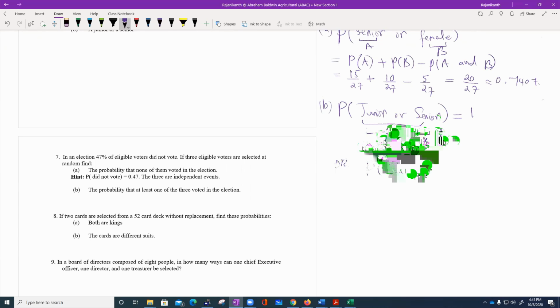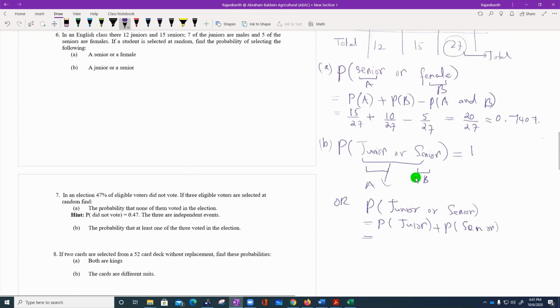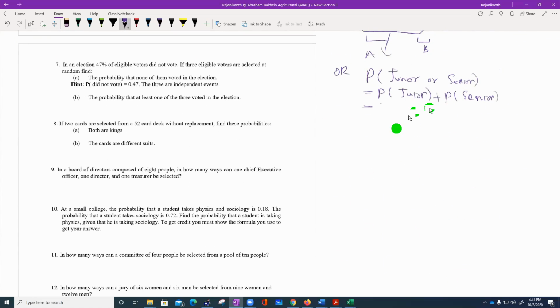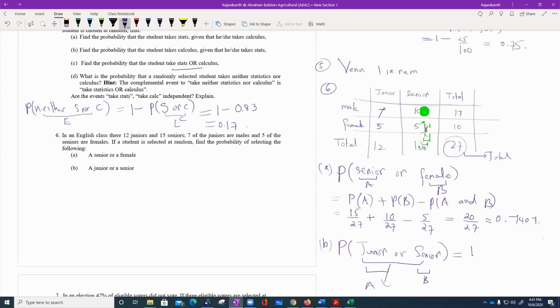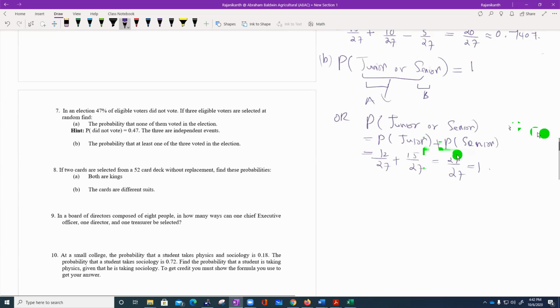So choosing a junior or a senior is simply the probability of junior plus the probability of senior, right? So what is the chance of having junior? Simply take the total of junior, which is 12 out of 27, plus what was the senior number? Senior is 15 out of 27. So that is 27 over 27, which is 1. So this is another way to do this problem, right?